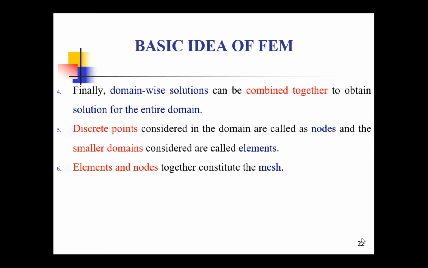These elements and nodes put together constitute the mesh. A node is nothing but the point, and the element is nothing but the shape of the discretized part. So the node and the element put together constitute the mesh.